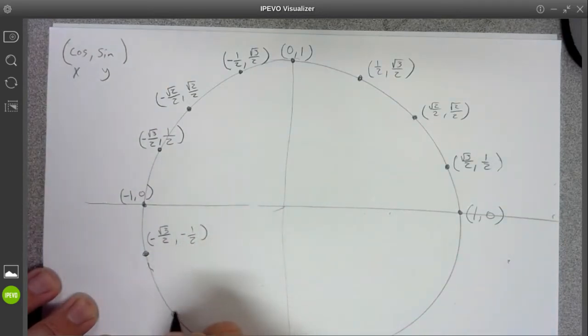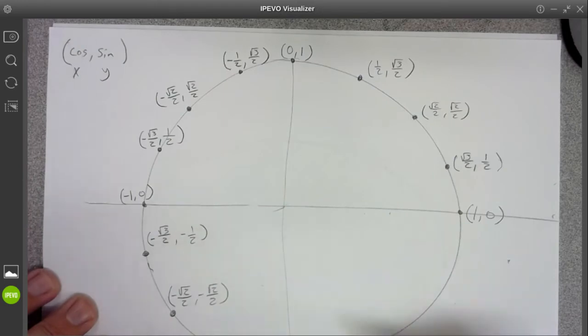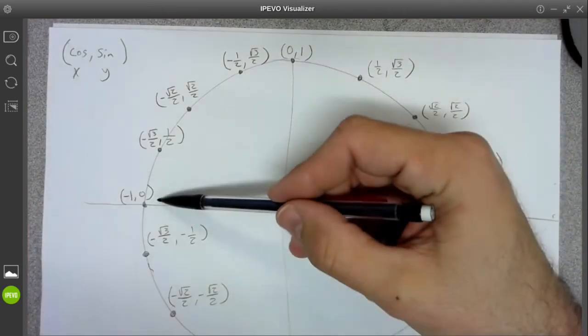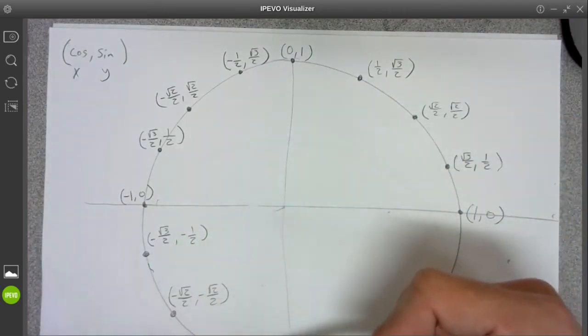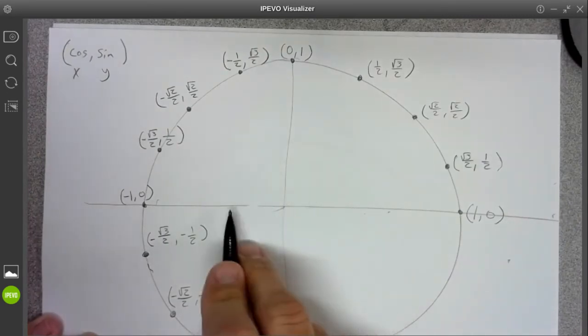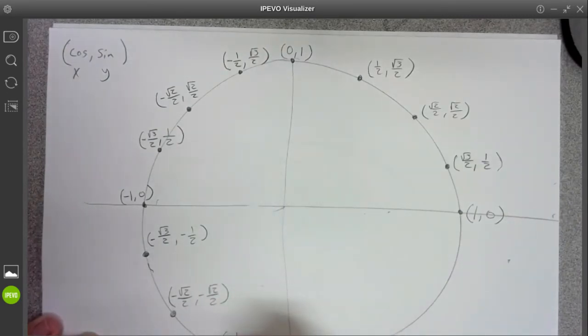The 45-degree one is easy: negative root 2 over 2, negative root 2 over 2. And then this angle is 180 plus 60, so that's 240. It's to the left a little, so negative 1/2, and down a lot, so negative root 3 over 2.